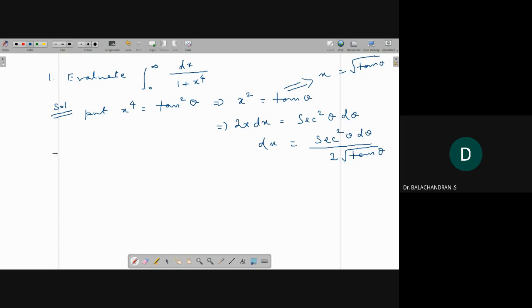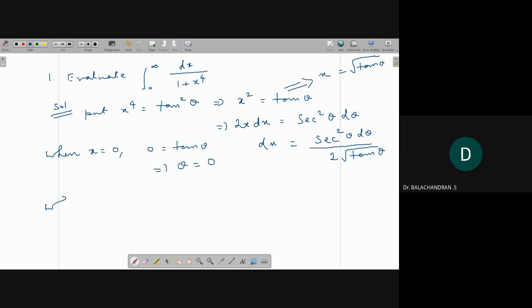So when x is equal to 0, I am substituting here: 0 is equal to tan theta, so this implies that theta equal to 0. When x is equal to 0, theta equals 0.